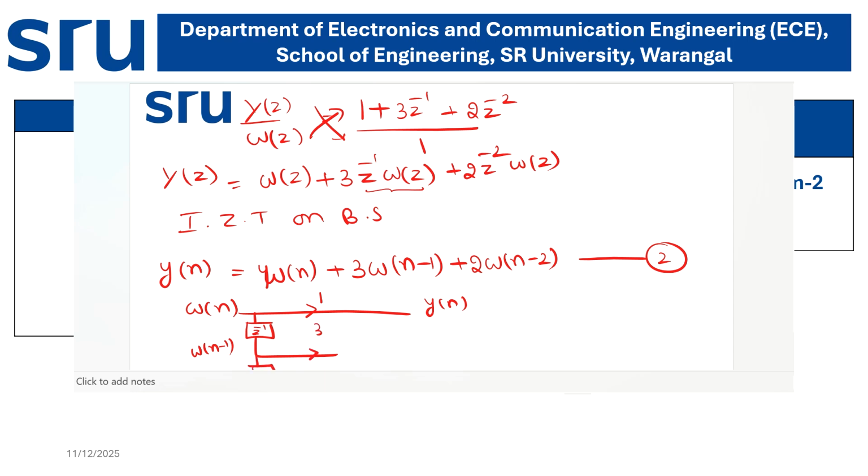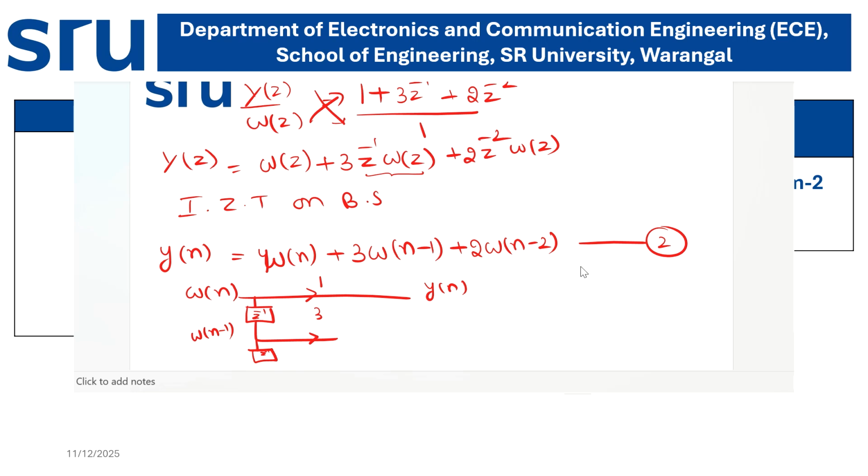Then to get w of n minus 2, it is again delayed by one sample, and the coefficient is 2. This expression contains 2 adders. So connect this term with the adder circuit, then connect again with the adder. This is our realization for equation number 2.